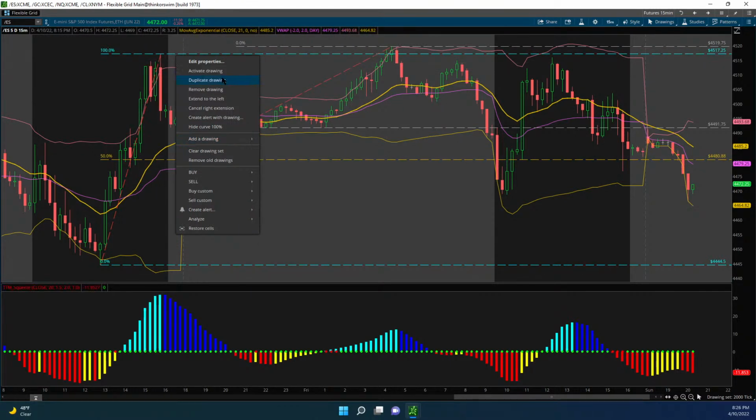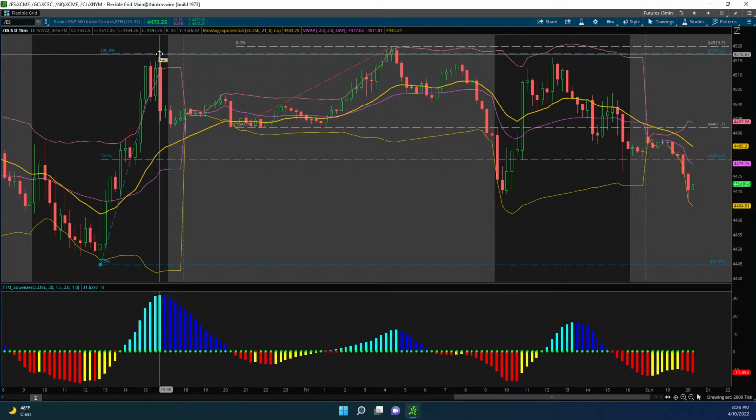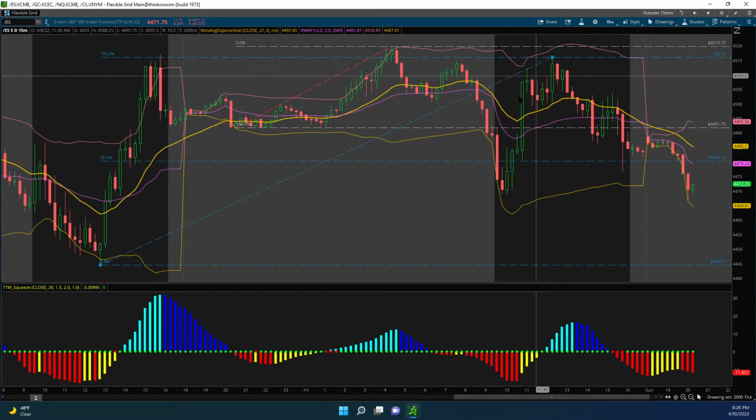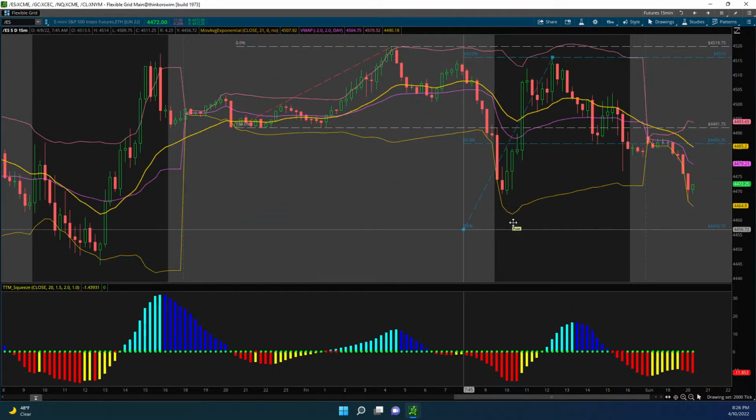I activate this one, and then I move it to the high of, in this case, Friday, the last day, and then the low here, and then I monitor this one, right?